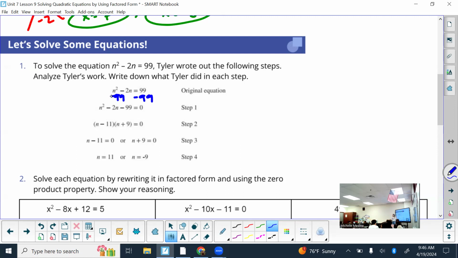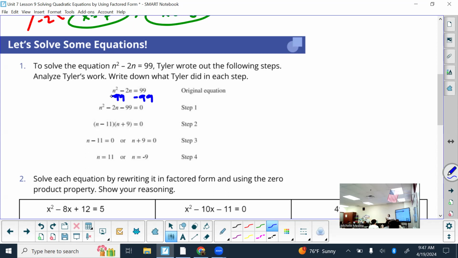Sometimes when I ask what's the difference, it's really not meant to trick you or make you think that hard. It's like, what's the difference between these two lines? They don't look exactly the same. So figure out what the difference is and what they have to do to make that happen. And yes, subtracting 99 is how you can go from 99 to 0, isn't it?